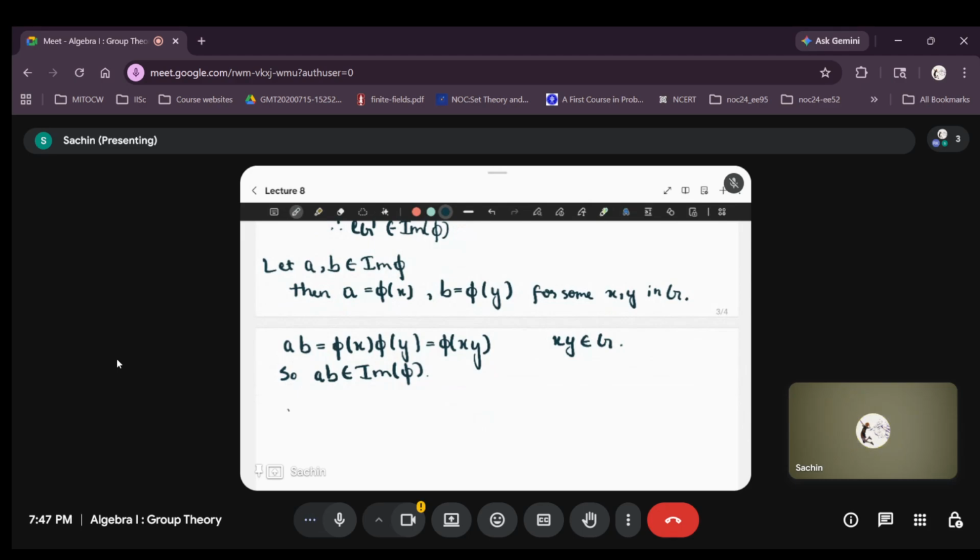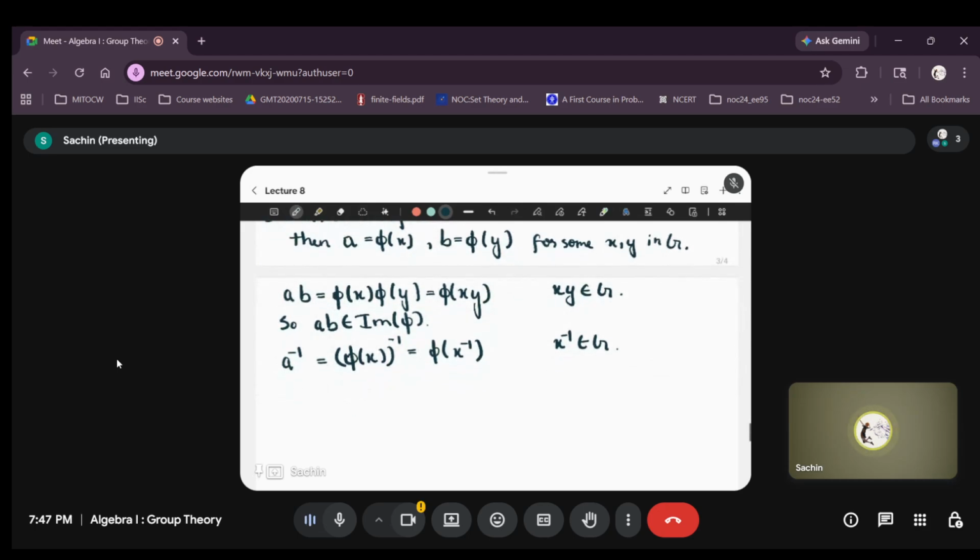Then you have to show that A inverse is in the image. A inverse is phi of X inverse. And if X is in G, X inverse is in G. So A inverse is the image of X inverse.